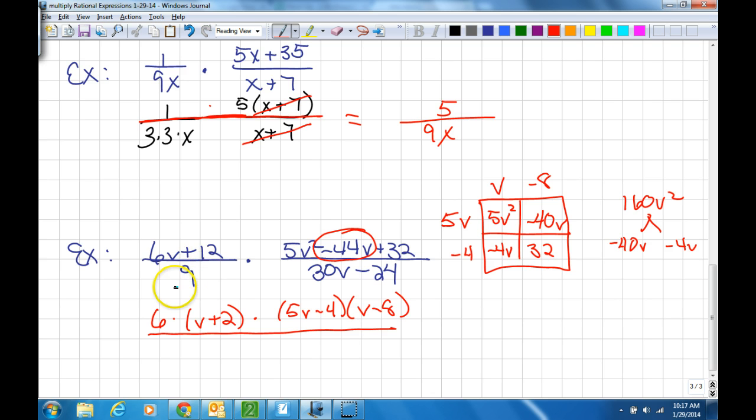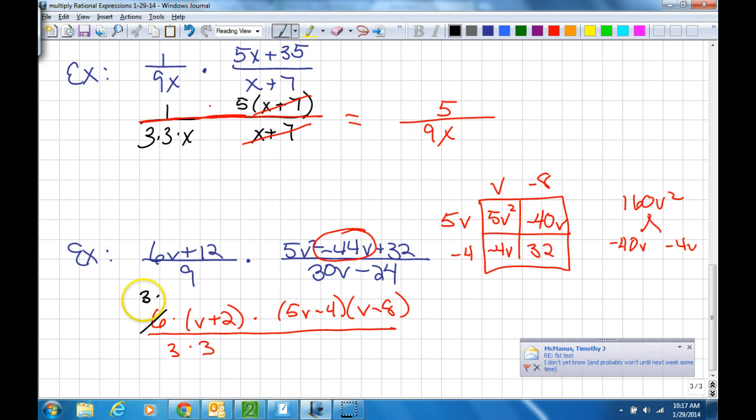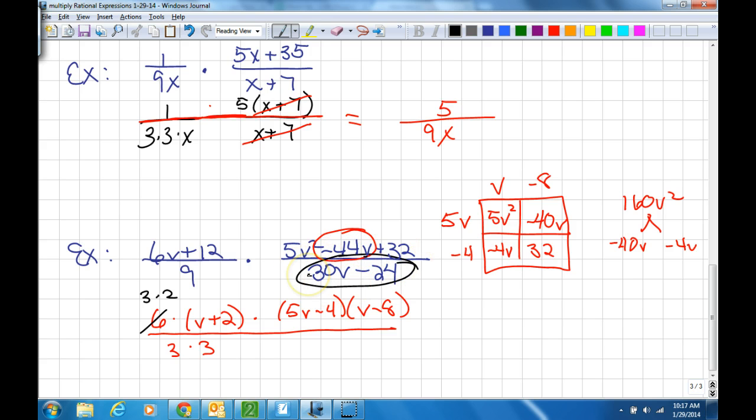Now, how can I factor this 9 down? 3 times 3. And notice I could even factor the 6 down to 3 times 2, right? So I'm going to take that and make it a 3 times 2. What can I factor out of this binomial right here? A 6.